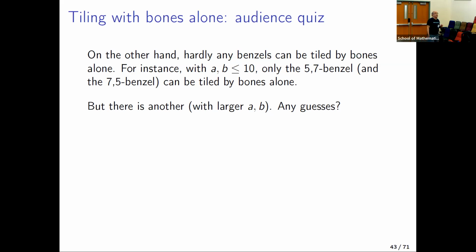But there is another one. Can anyone who has not heard me give this talk before, or have another source of insider information, hazard a guess as to what would be the next pair of values A, B for which you can tile the A, B benzel with bones alone?